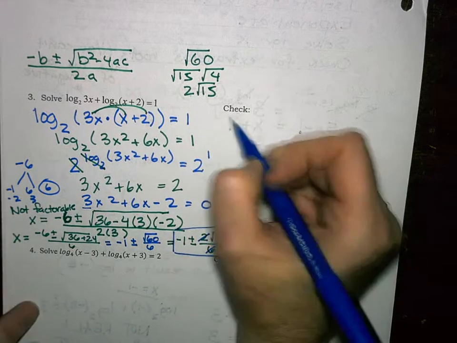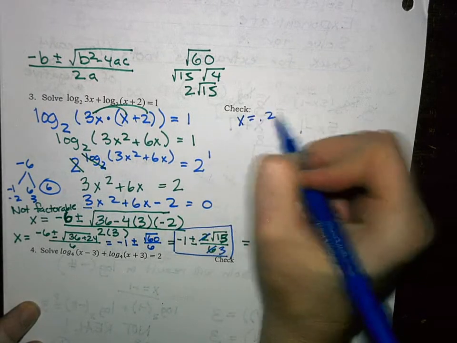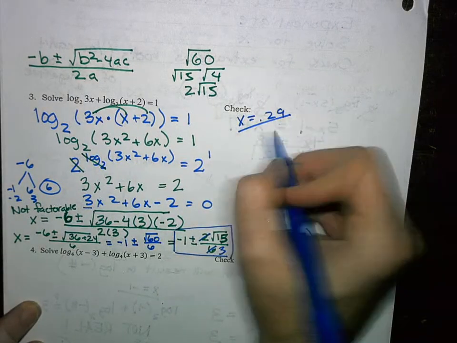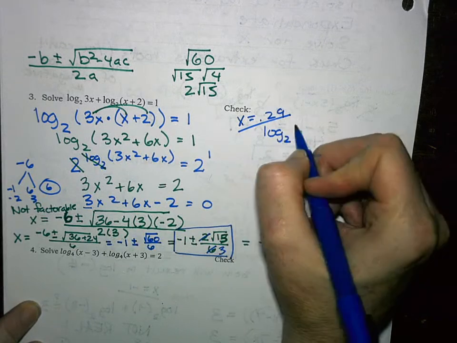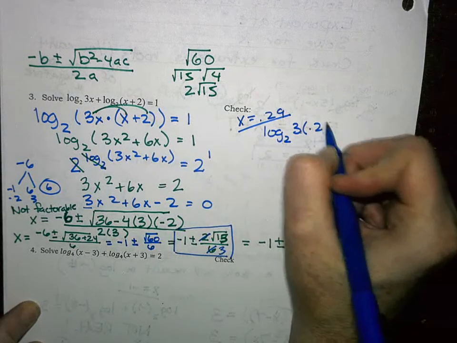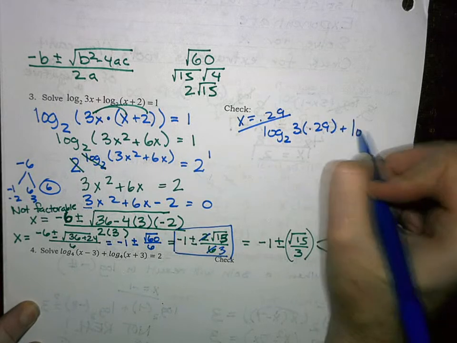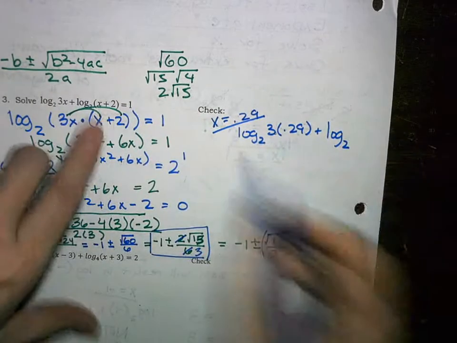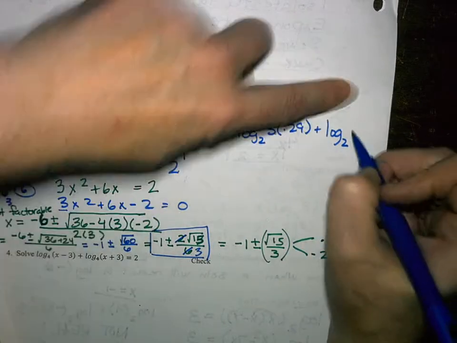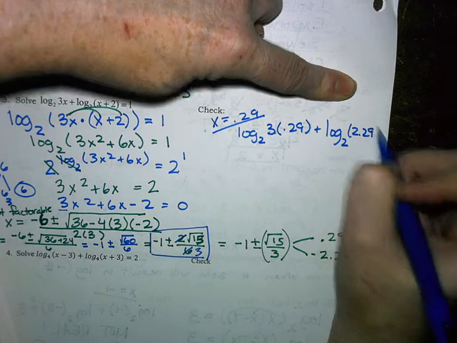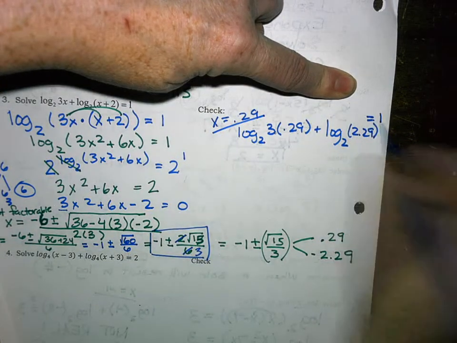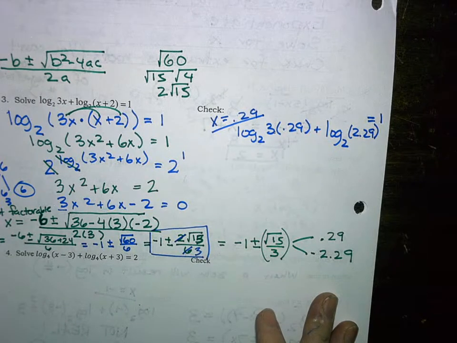Now I'm going up to check. I'm going to check x equals 0.29. What's going to happen? The log base 2 of 3 times 0.29 plus the log base 2 of 0.29 plus 2, which is 2.29, is equal to 1.